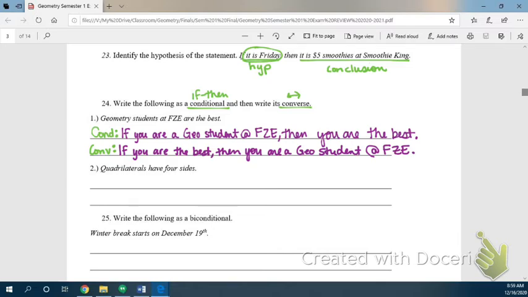Same idea for the next one, except this one's a little bit mathy. For your conditional, they're talking about quadrilaterals. If a shape is a quadrilateral, then it has 4 sides.